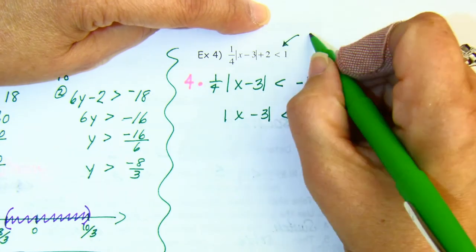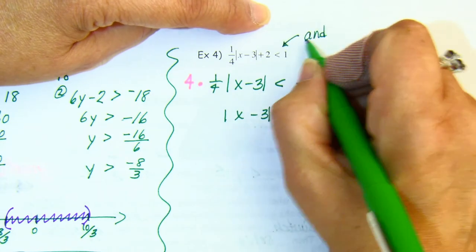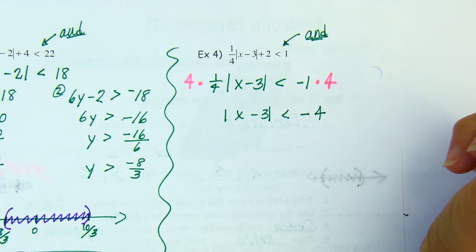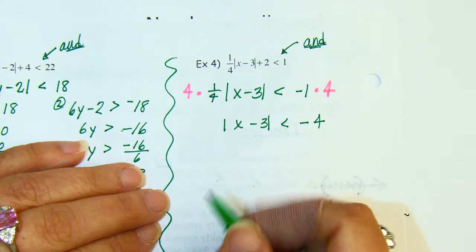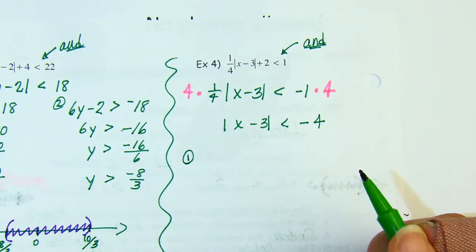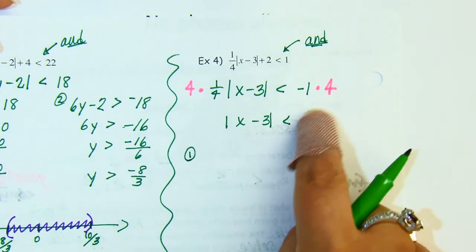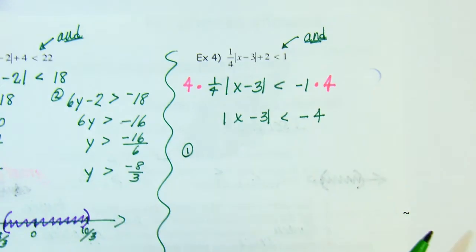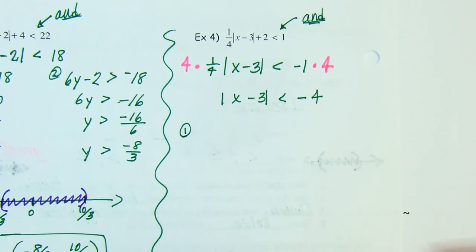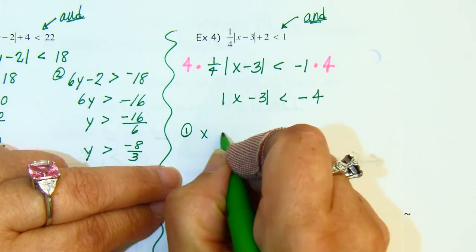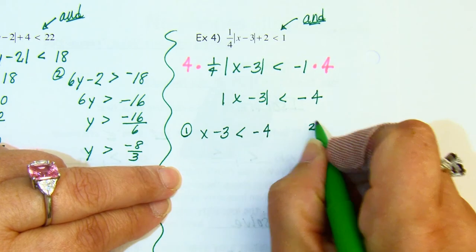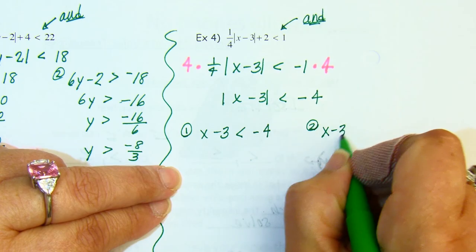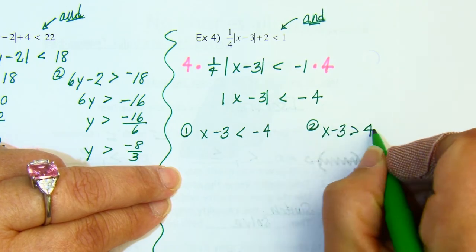We know this is an and situation because it's less than. And so let's set up our two cases and actually physically see what happens, because sometimes students aren't looking for this, and they go through the process. So let's pretend we didn't see that. We're going to take what's inside the bars, x minus 3, keep it. Then we're going to flip it, and we're going to switch it.